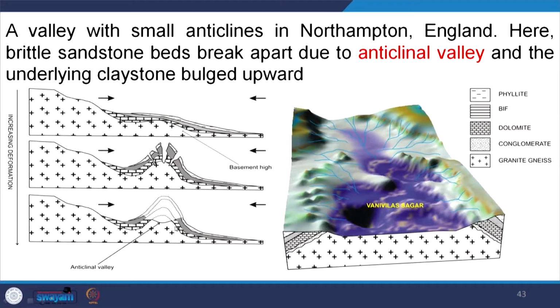Due to removal of this material, gradually a geographically negative area occurs. What was once a geographically positive topography becomes a negative topography.